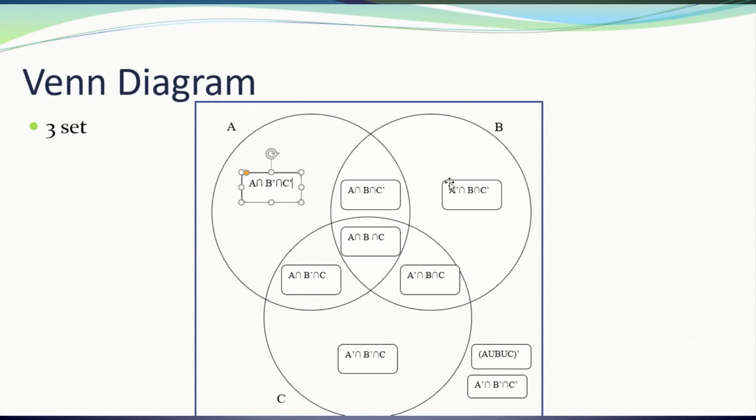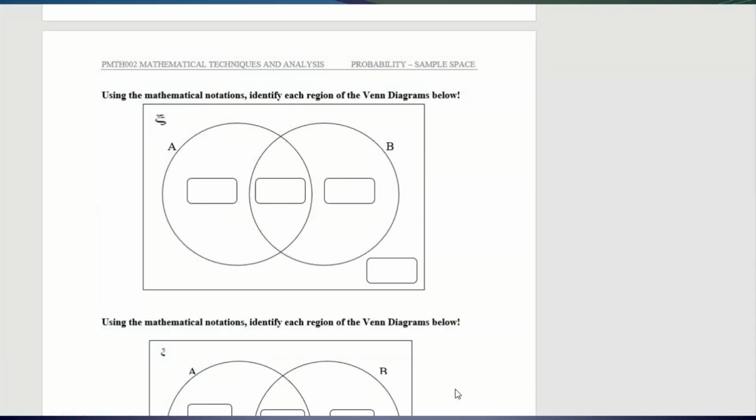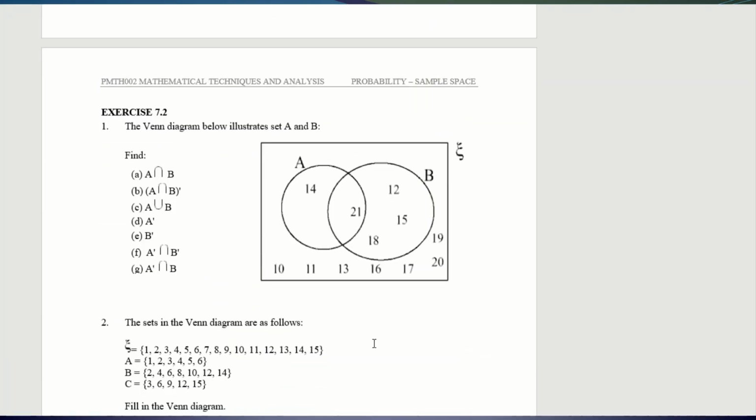Here is only B, you put a prime on A and C. Here is only C, you put a prime on A and B. Here you only want B and C, you don't want A, so you put a prime. Wherever you don't want, just put a prime. Then outside you put a prime on all three because you don't want all three. These two mean the same: you can use the union and put a prime outside, or you can do it this way. It's the same thing. That's the fastest way to do it.